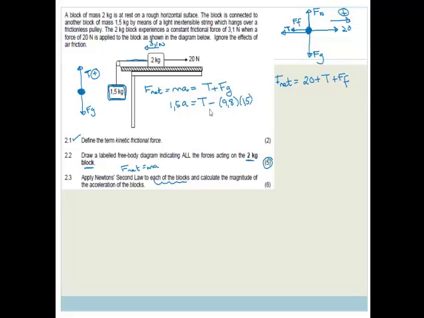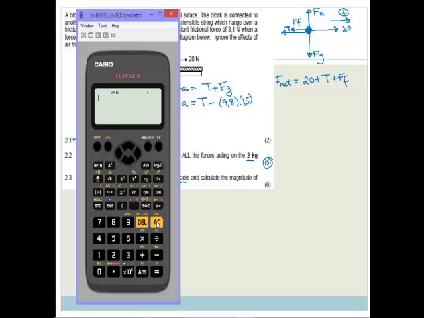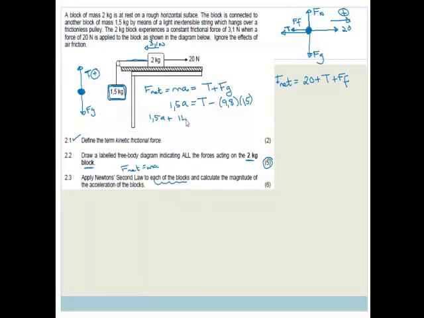So I could solve this equation for T. So I could say 1.5a plus, and let's pop this in a calculator, 9.8 times 1.5 is equal to 14.7, and that is equal to T.